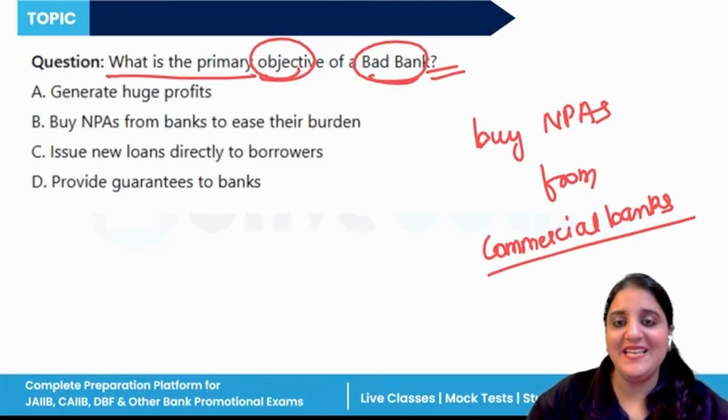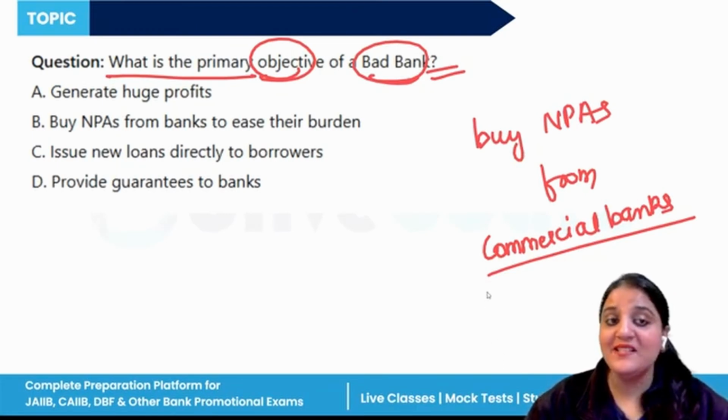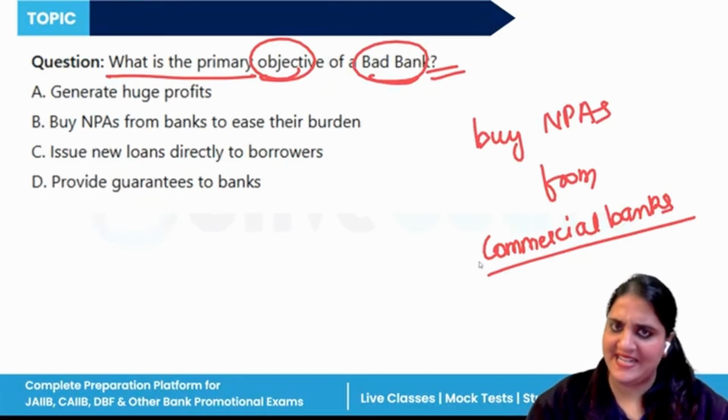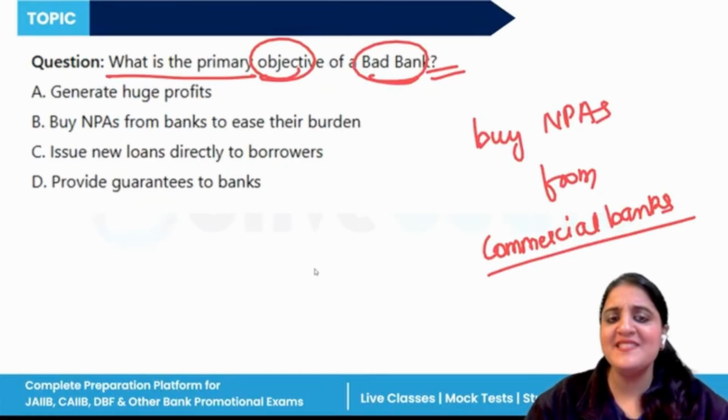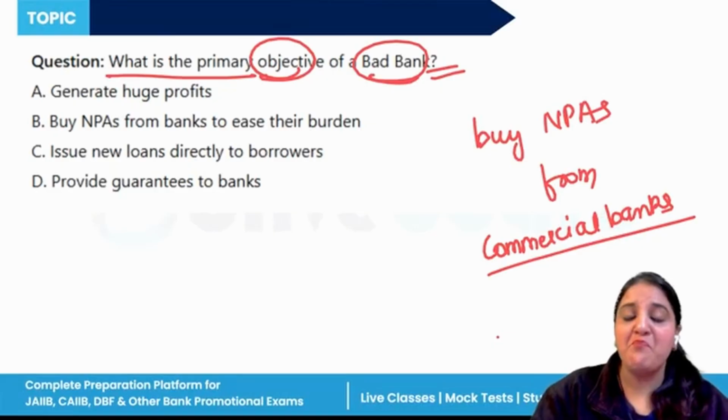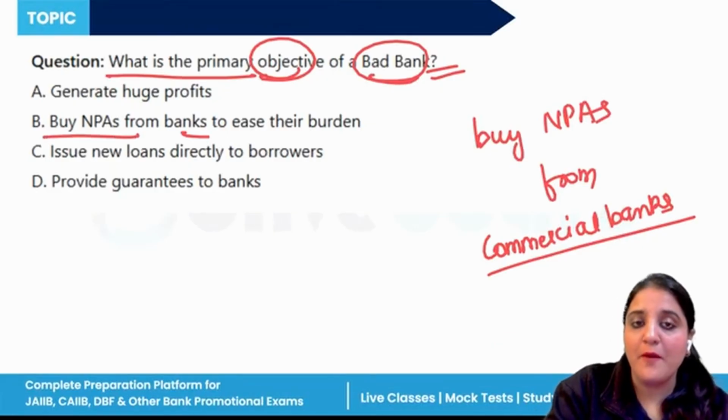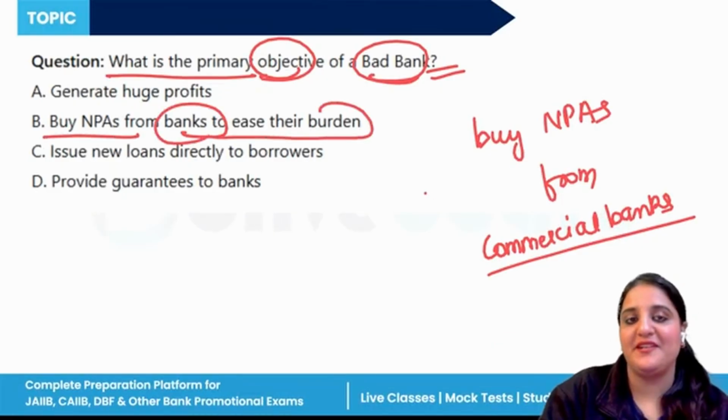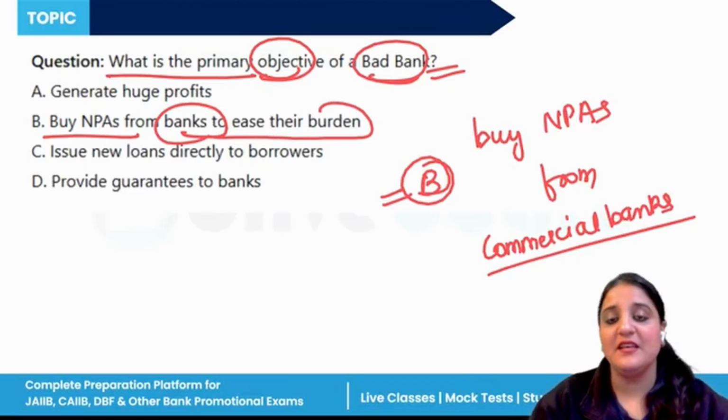They basically ease the burden of stressed assets. They free the banks to lend again. Bad banks always focus on removing the stressed assets from the commercial banks to restore lending capacity, and profit is secondary here. So the correct answer is buying the NPA from the banks to ease their burden. So option B is correct here.